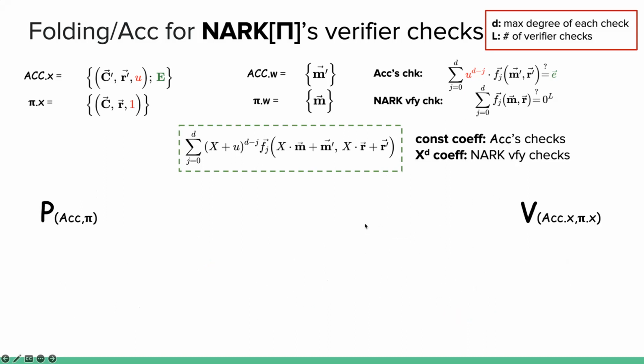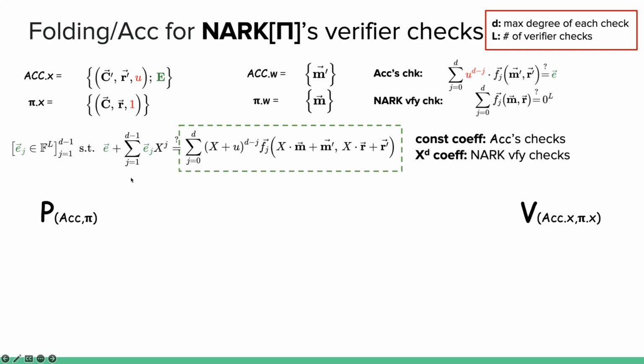Now let's see how, given this, we can have a folding scheme. Recall that our goal is to check these two equations. First, the constant coefficient exactly equals this error vector being committed in the accumulator instance, and the degree D coefficient is exactly 0. How to do that? The idea is to let the prover send the coefficient form of some polynomial.